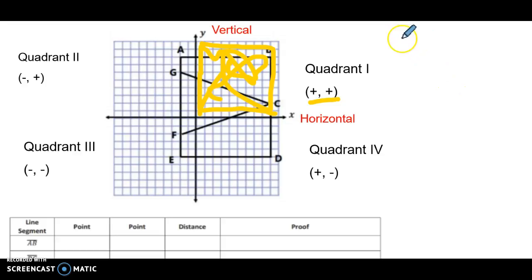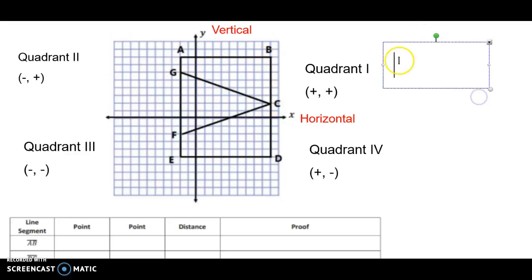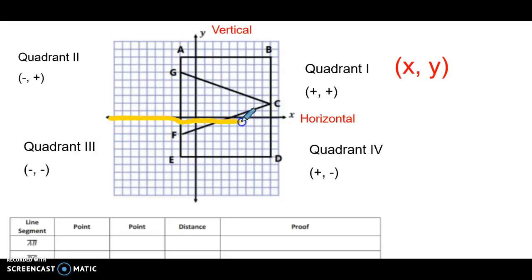So when you're graphing, you always want to make sure that you are doing your x coordinate first and then your y coordinate. Your x coordinate is on the horizontal line. So just like our inequalities when we were graphing, remember, it looked just like this number line that's going straight across.